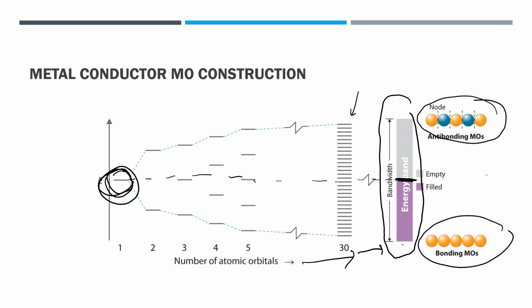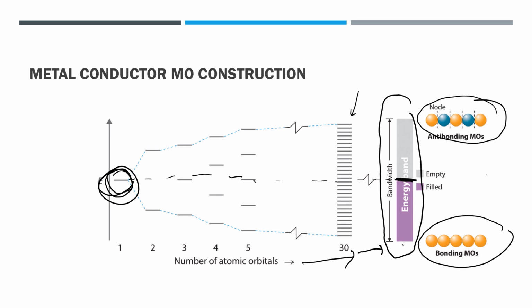That should make sense because the energies of all my molecular orbitals have to average out to the energy that I started with, because I can't create or destroy energy. So the energy of my band orbitals, on average, should be equivalent to the energy of my atomic orbital.